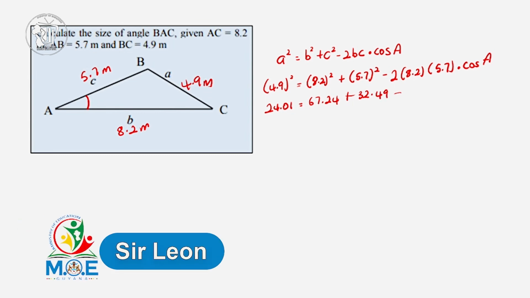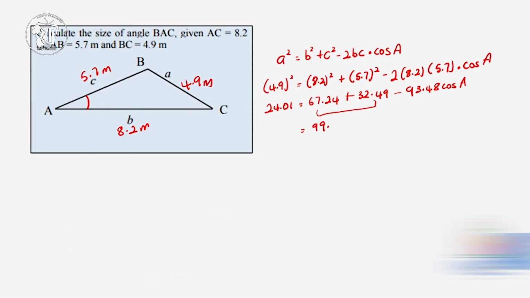Subtract 2 times 8.2 times 5.7, and that is equal to 93.48 multiplied by cos A. So we work out these two. So 67.24 plus 32.49 is equal to 99.73. Subtract 93.48 times cos A.